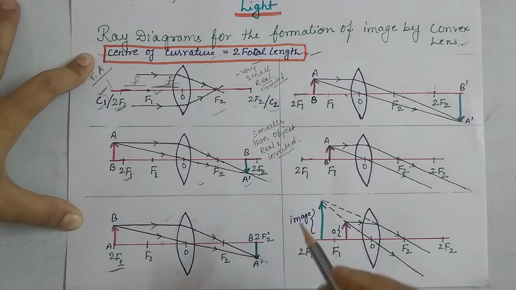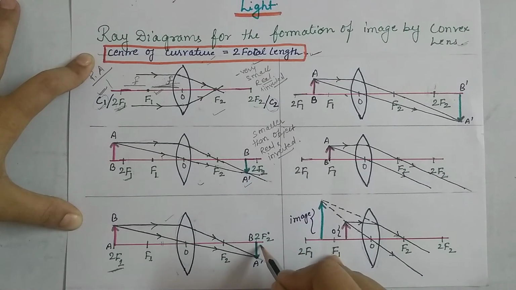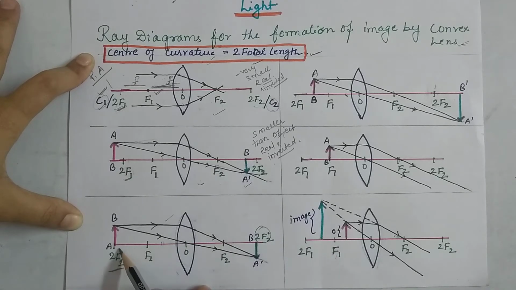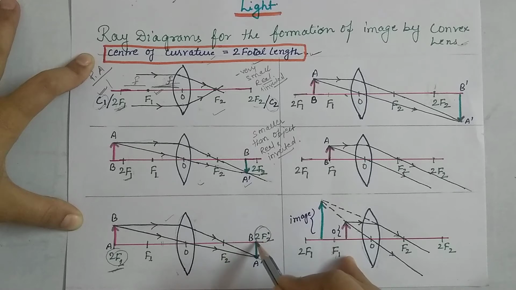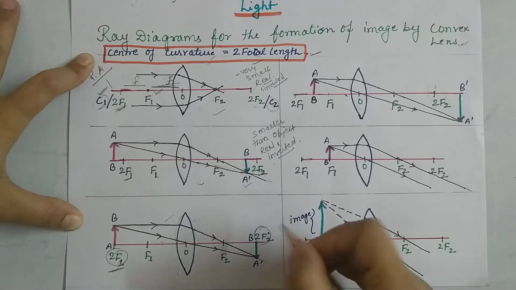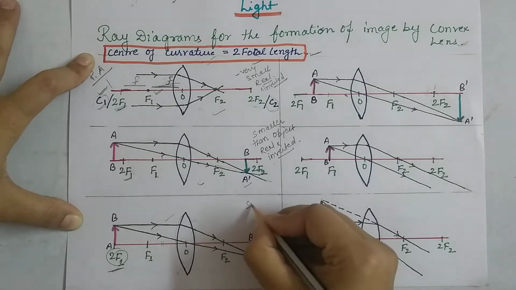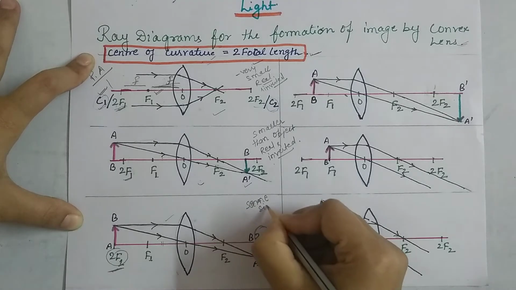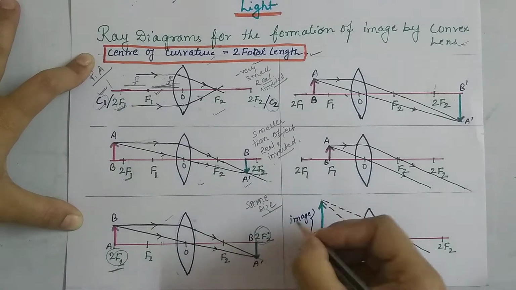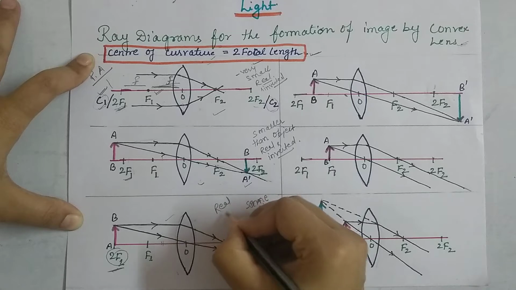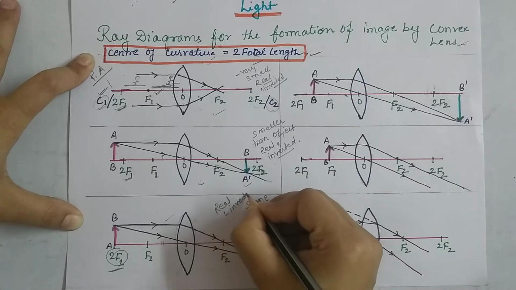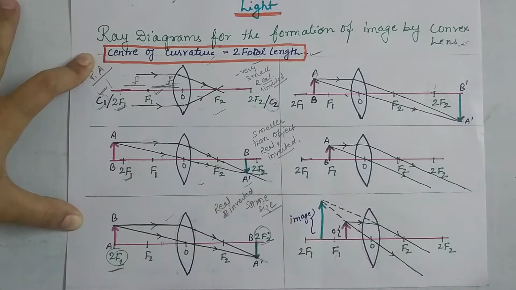Here you will find the image forms at 2f2. The object is placed at 2f1 and the image is formed at 2f2, and the image and object are of the same size, and a real and inverted image.